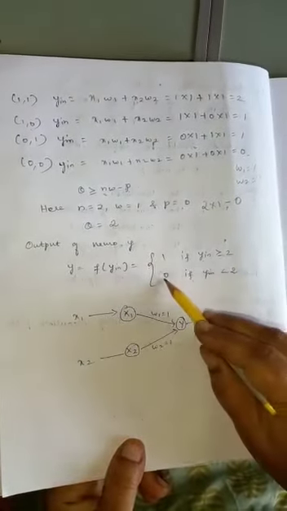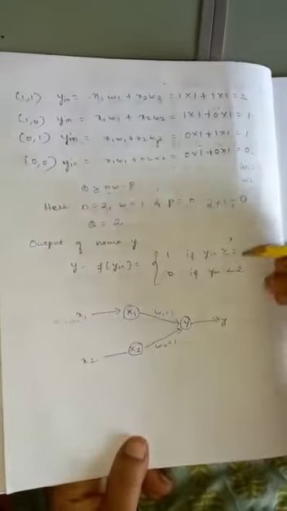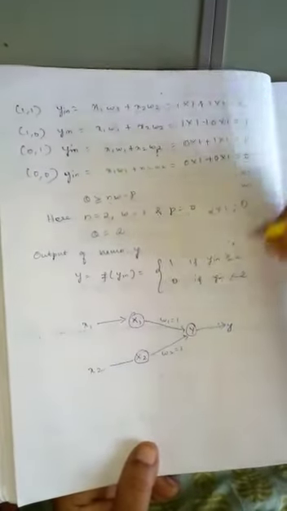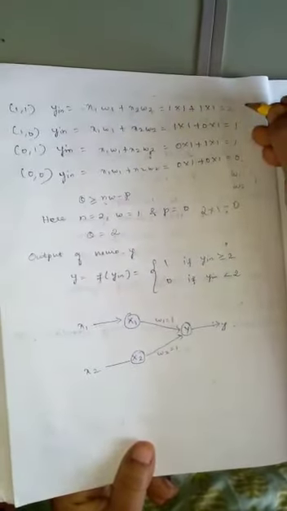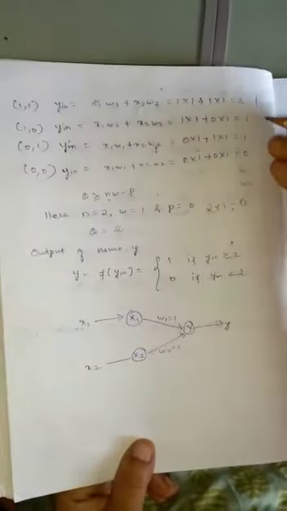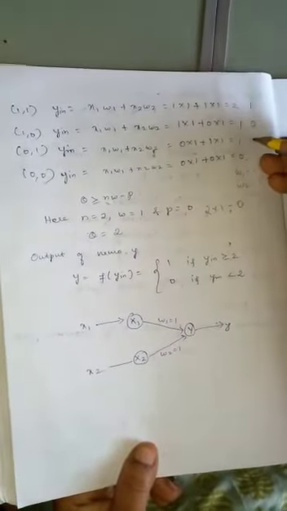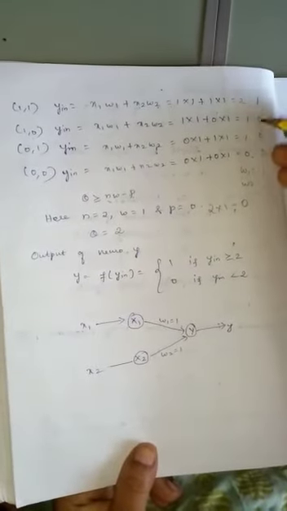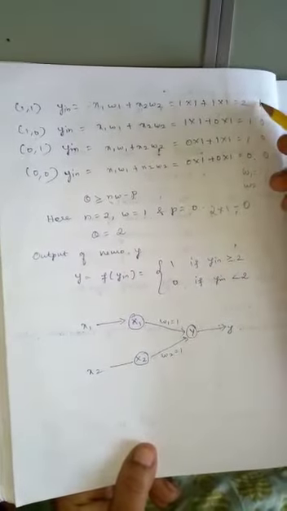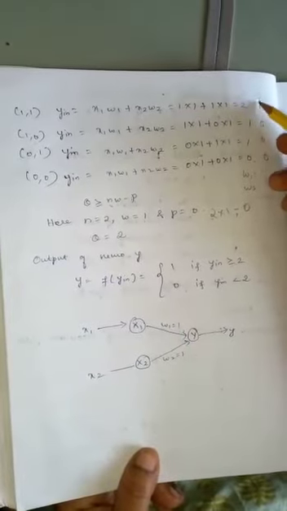If it is less than 2, the neuron fires the value 0. Take this activation function and see here. If y_in is greater than or equal to 2, the neuron fires with the value 1. If it is less than 2, the neuron fires with the value 0. Since these 3 values are less than 2, you get 0, and for this one, which is greater than or equal to 2, you get a value of 1.